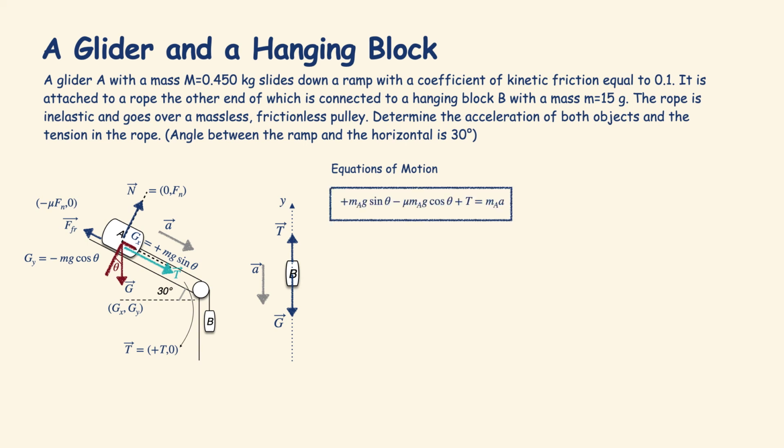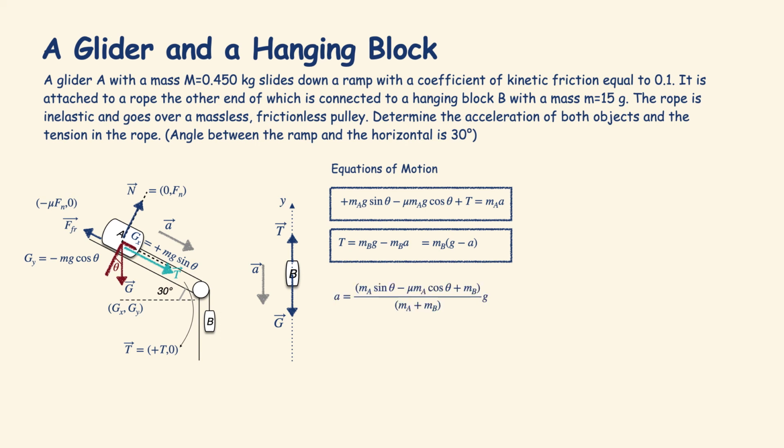The first one emerged from the dynamics analysis of the glider A, and the second one from the analysis of the hanging block B. Also, I already determined the algebraic expression that will give me the value for the magnitude of the acceleration a.